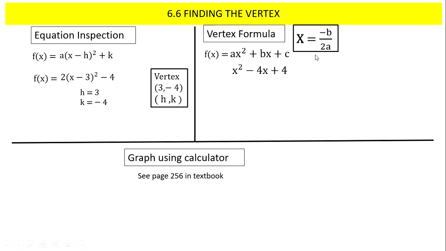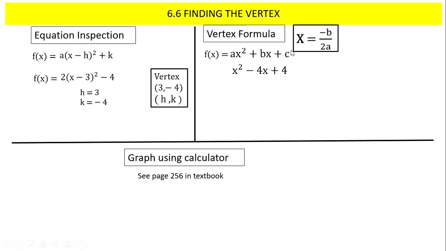When you think about the quadratic equation, remember there was one way of solving that with -b plus or minus the square root of b squared minus 4ac, over 2a. Well, this is the first part, -b over 2a. So if you remember that equation, then you'd be able to remember this.